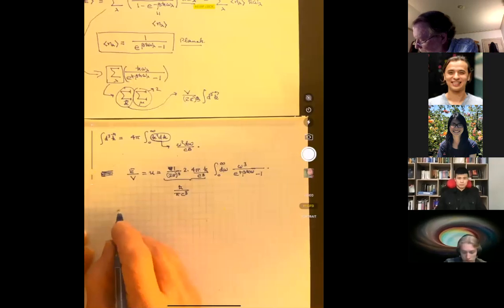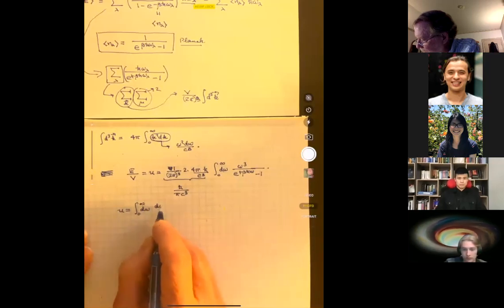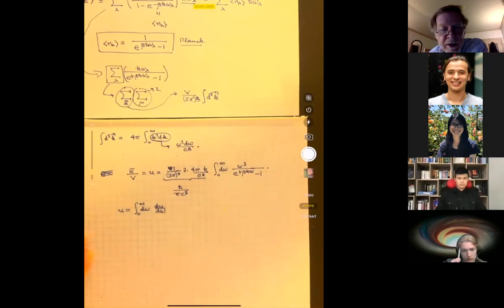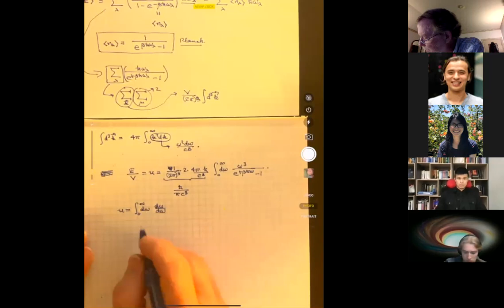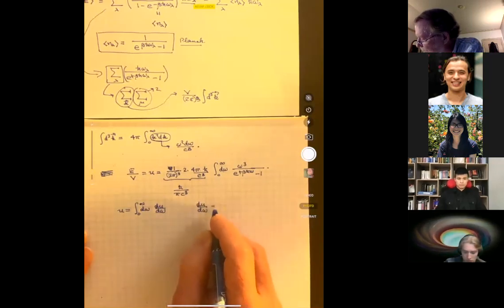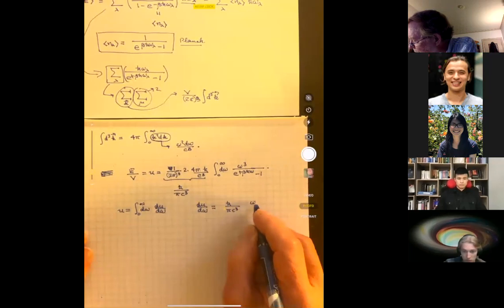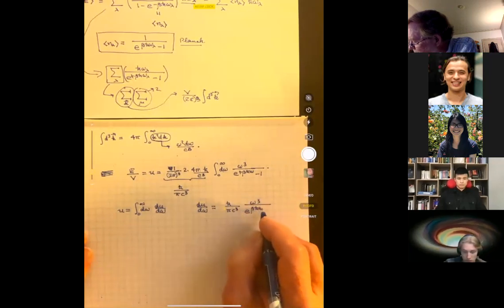So if we write u as the integral from 0 to infinity of d omega of the quantity I'll call du d omega, where du d omega is the energy density per unit frequency interval, then we get an expression for du d omega, and this is the usual way of writing the Planck formula. It's h bar divided by pi squared c cubed times omega cubed divided by e to the beta h bar omega minus 1.